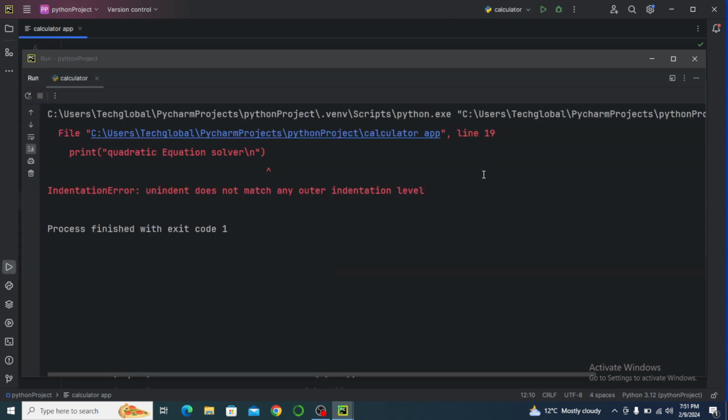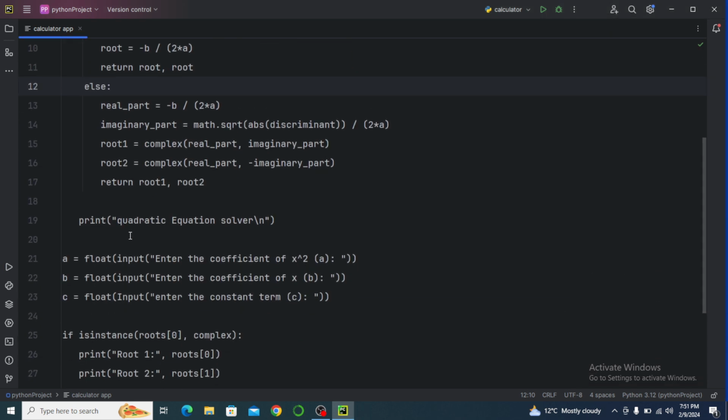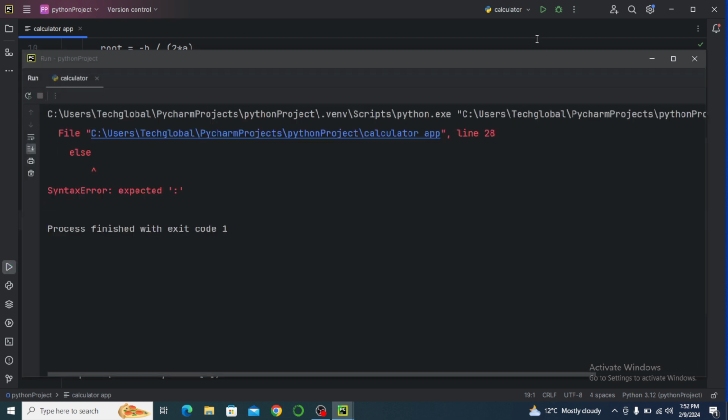Let's rerun again. We have an error in line 19. In line 19 we say print quadratic equation solver, and what's the problem? There's no problem with it, I think. Let me run it again.